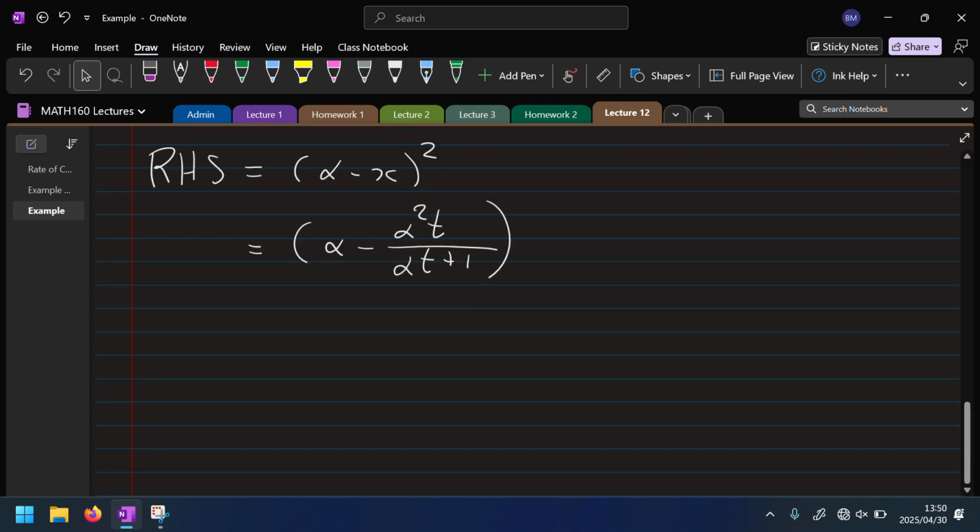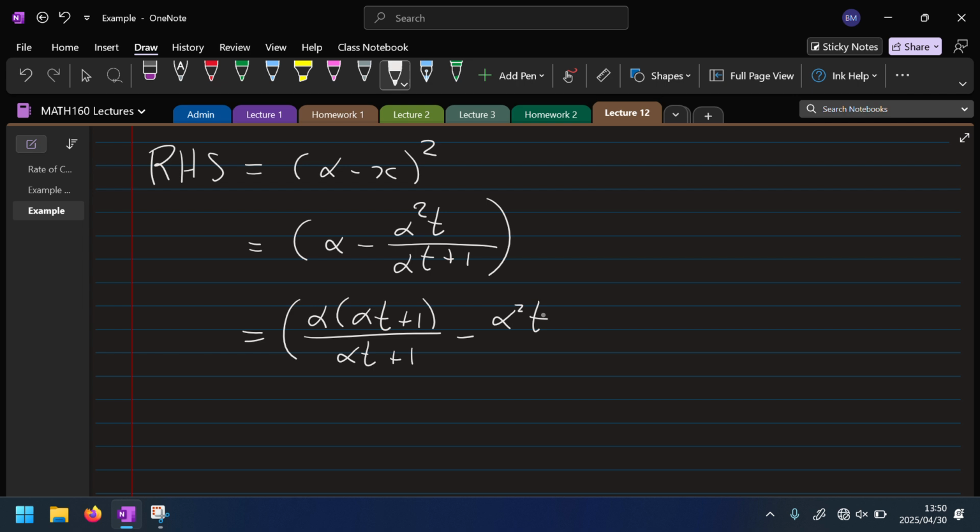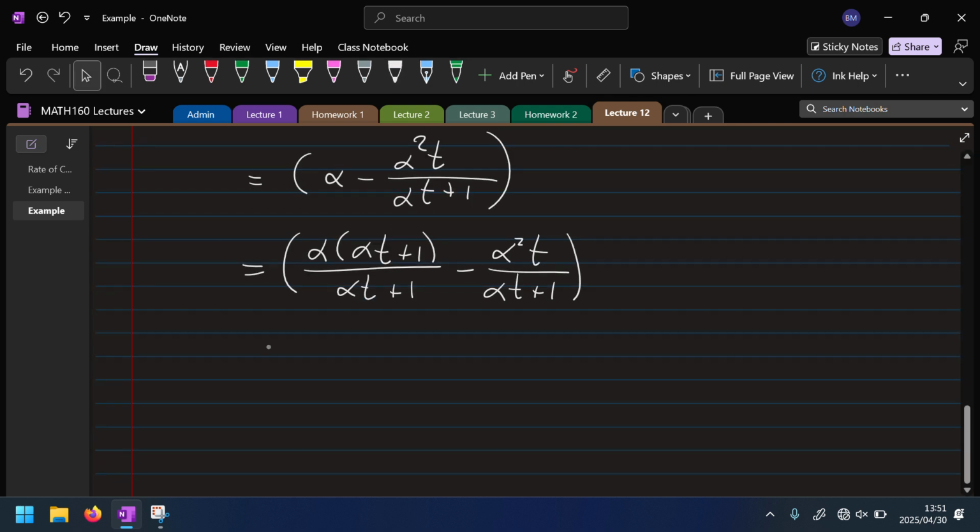Okay, so we've got these two fractions we want to put together. They have different denominators, so let's fix that. So this is going to be alpha times alpha t plus 1 over alpha t plus 1 minus alpha squared t over alpha t plus 1. Same denominators, so now we can put the fractions together.